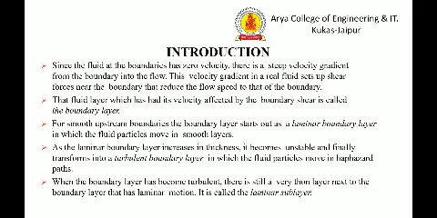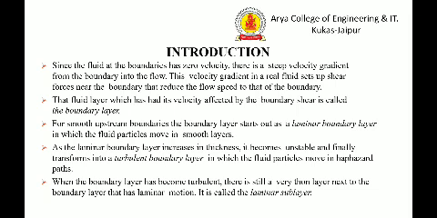Since the fluid at the boundary has zero velocity, there is a velocity gradient from the boundary into the flow. This velocity gradient in a real fluid sets up shear force near the boundary that reduces the flow speed near the boundary. The fluid layer which has had its velocity affected by the boundary shear is called the boundary layer.